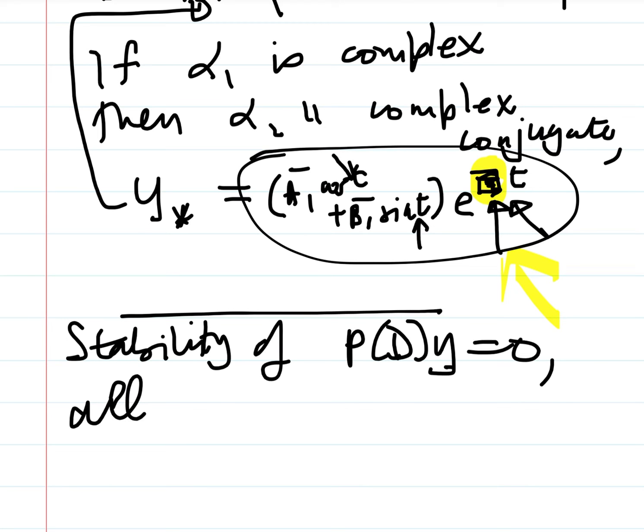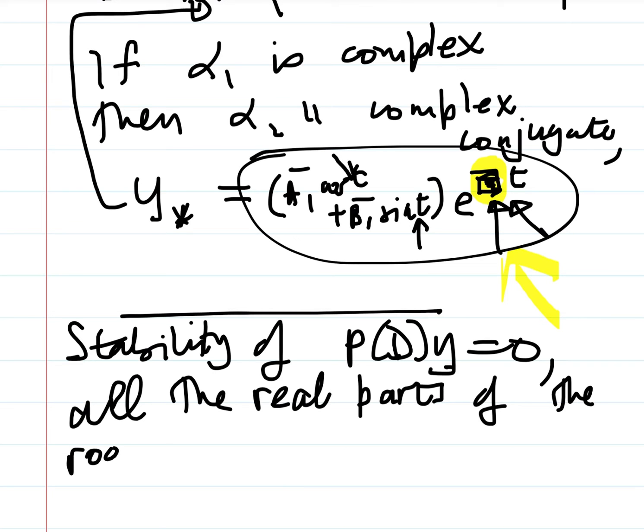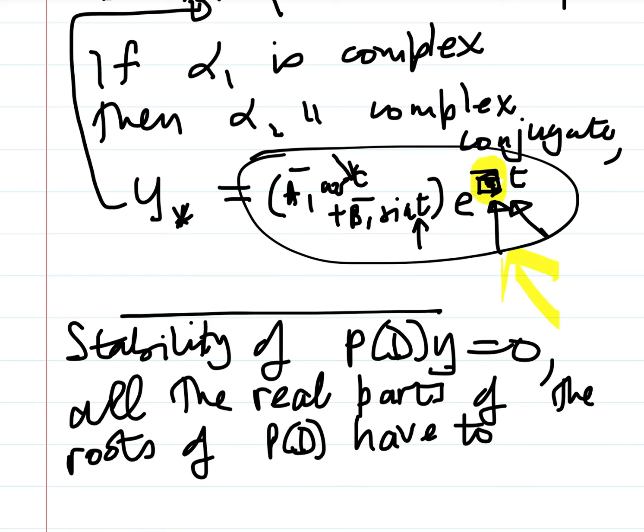So we can put it all together in all the real parts, which will take care of real roots or imaginary roots. All the real parts of the roots of P of D have to be negative. Forgive the English.